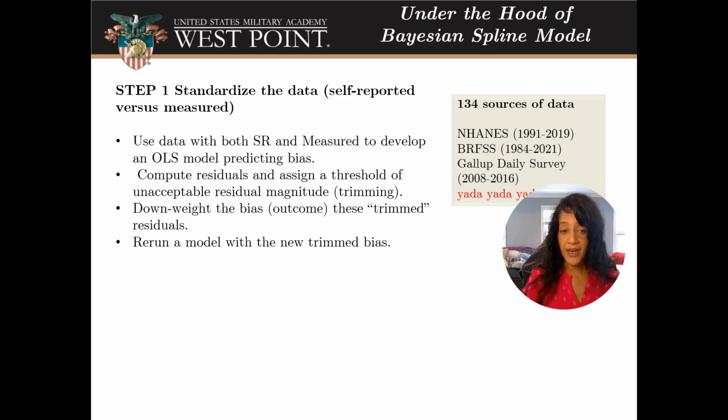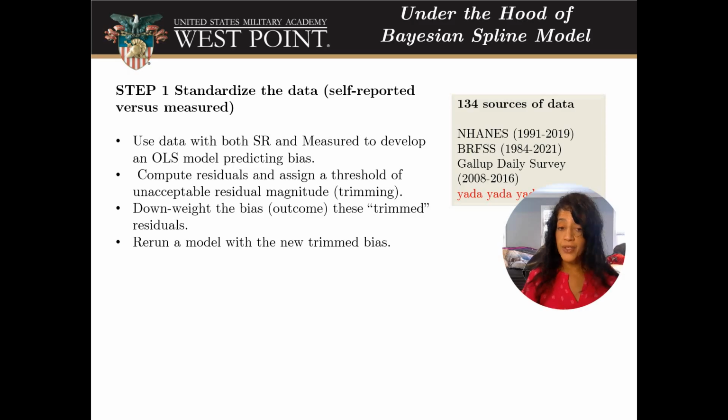Then they computed the residuals of the bias, from actual bias versus bias from the OLS model. And they assigned a threshold which they deemed unacceptable, so the outliers. And then they trimmed and downweighted the bias of the residuals that were beyond this threshold.